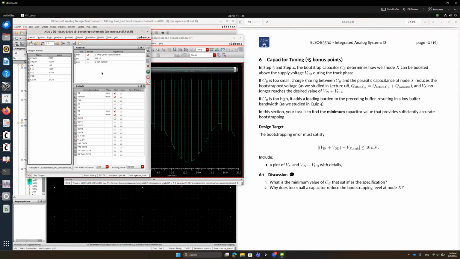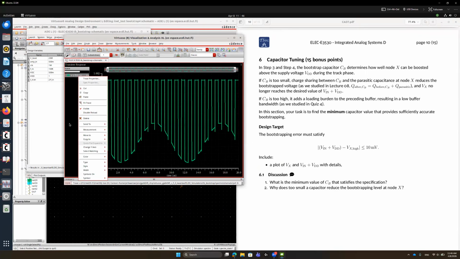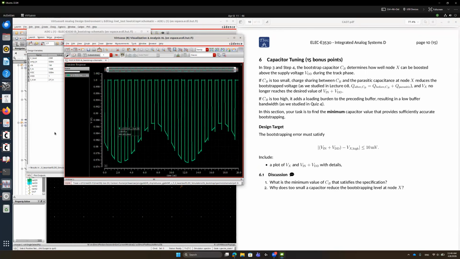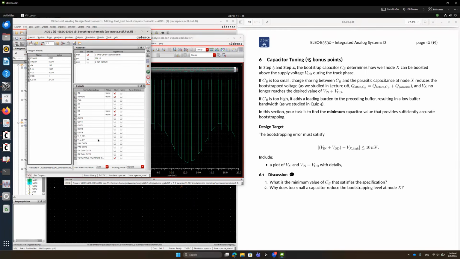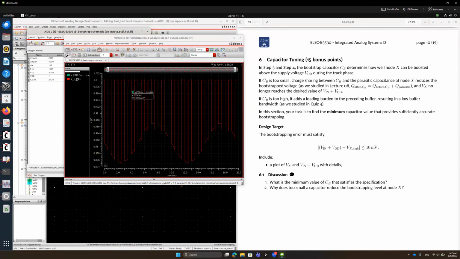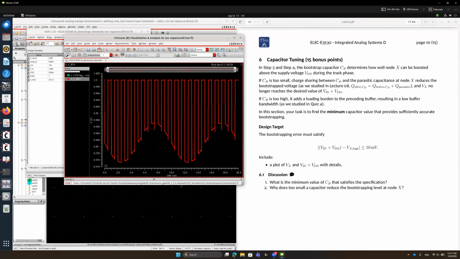Or let me see, I saved it as an output here. Oh yeah, I already saved it. If I append this, let's make sure both voltage nodes are the same.